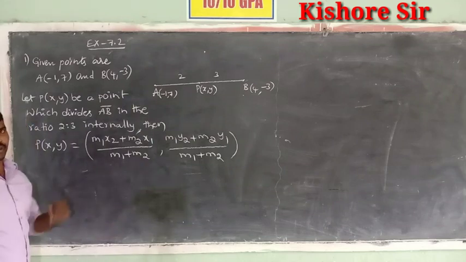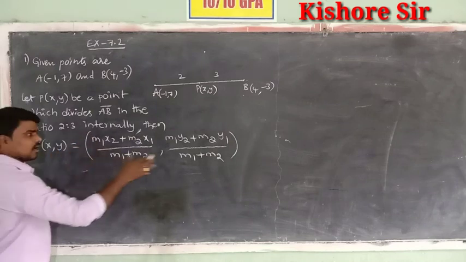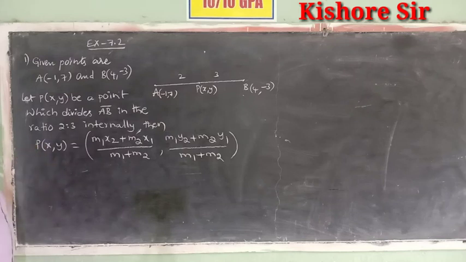This is the x coordinate of the point P, and this one is the y coordinate of the point P. Okay, substitute the values.